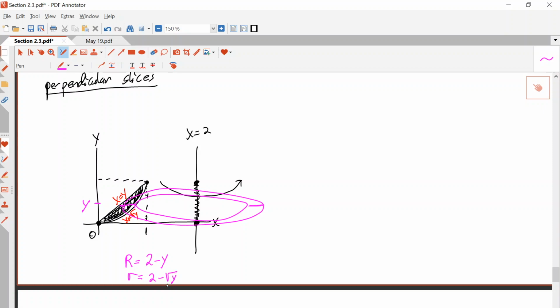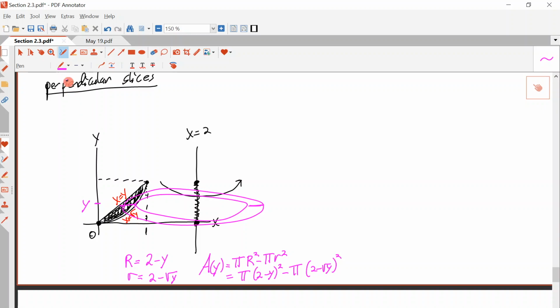So 2 minus square root of y. So the area of the slice at y is what? It's pi times big R squared minus pi times little r squared, which is equal to pi times (2 minus y) squared minus pi times (2 minus root y) squared.